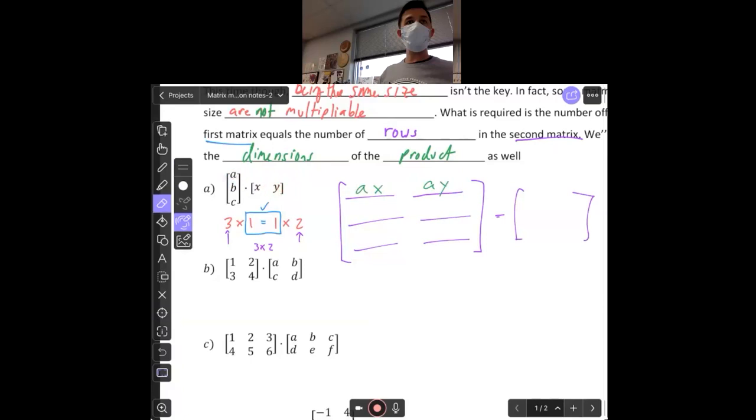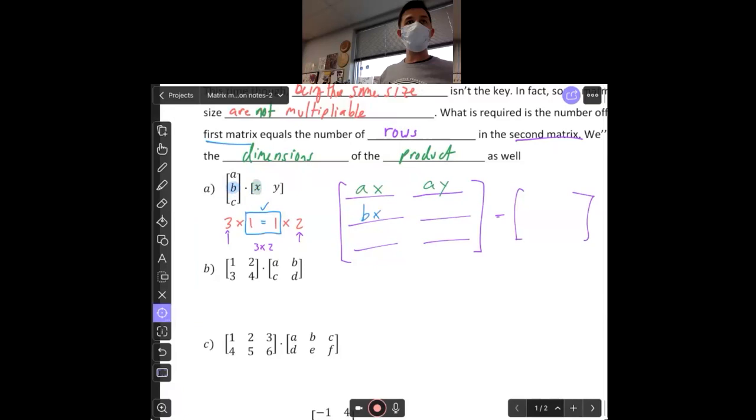Now I'm going to reset, but instead of looking at A, now I'm going to look at B. That row needs to multiply this column. So second row times the first column. And the only thing there is the b and the x. So those are the only 2 things that are going to multiply. So b times x is bx. That's everything that's in that row.